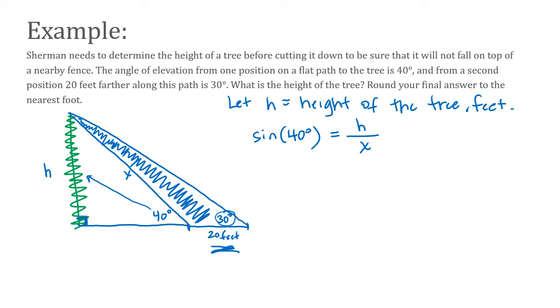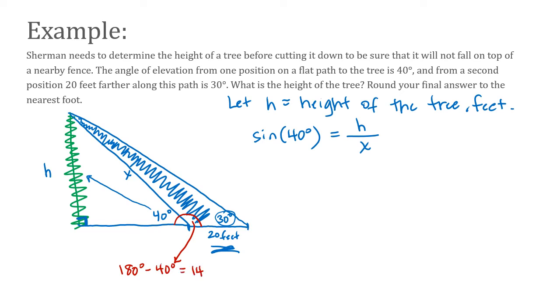I think I could find this angle that's right here on the inside, because that angle, along with the 40 degrees, forms a straight line, which is half of a circle. So that angle is whatever 180 degrees minus 40 degrees is.